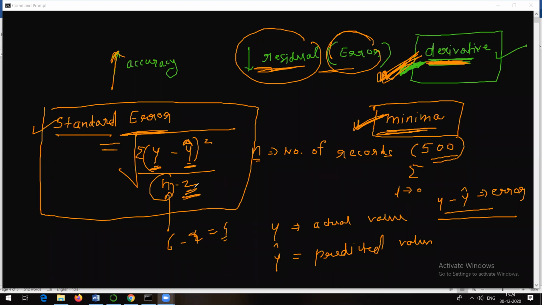Whatever I have shown you till now, remember those things. Residual is nothing but the error. What is the independent column, what is the dependent column, which we also call the feature. Target or label is nothing but the output column. The difference between the predicted value and the actual value is going to be the residual or the error, and our target is to minimize that error or residual.